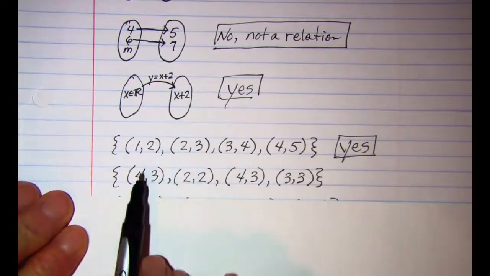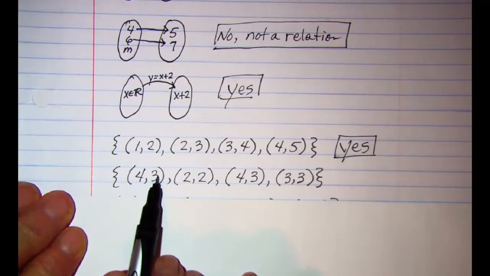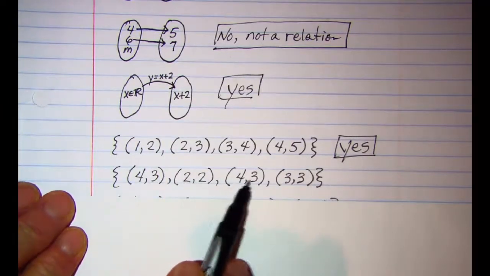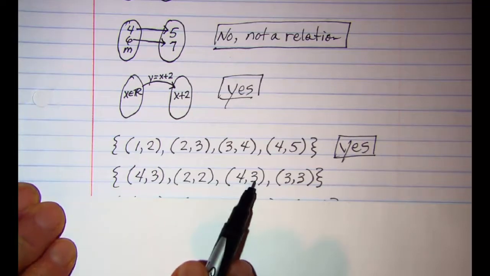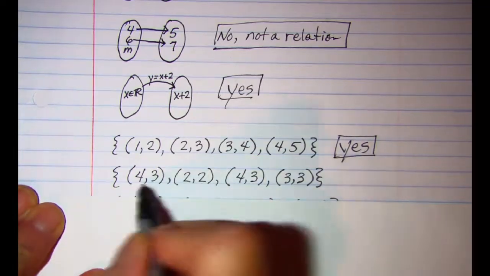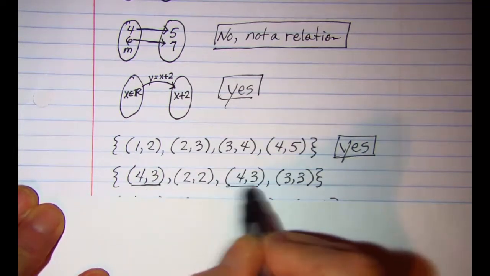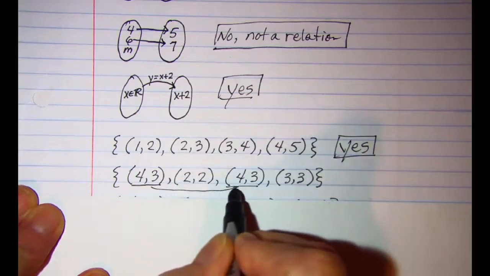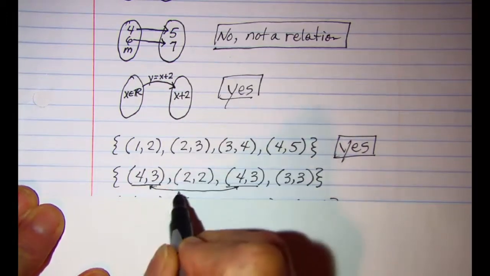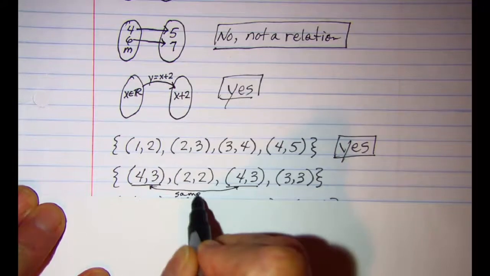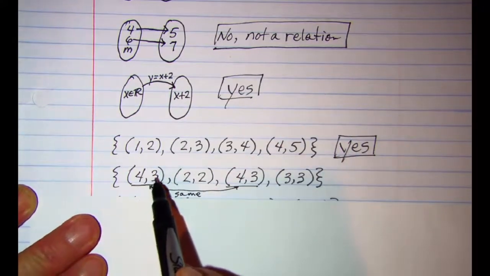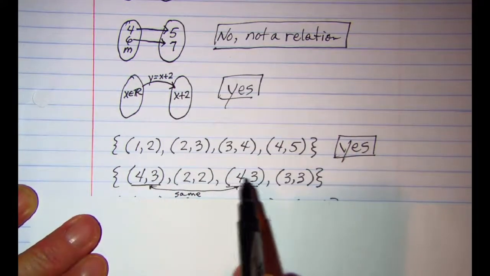On this one we have 4 mapping onto 3. Now notice we also have 4 mapping onto 3, but these are the same ordered pairs. So our 4 is not mapping onto 2 different numbers.